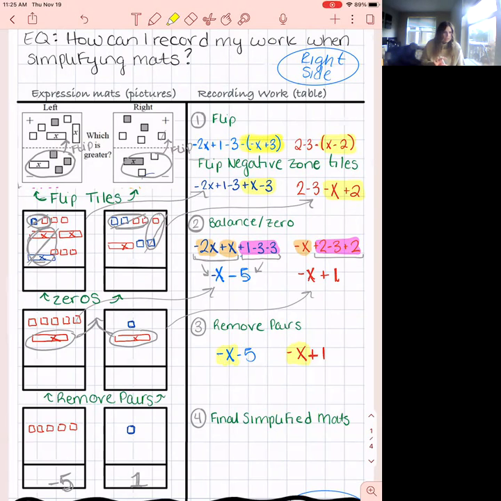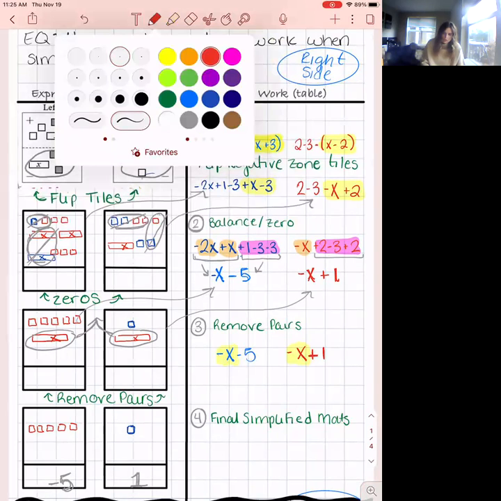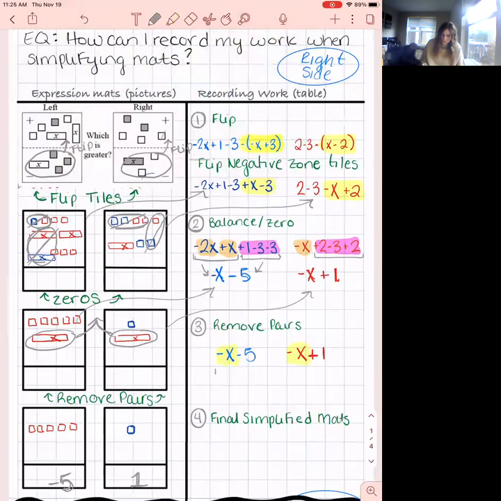Now, this is going to seem weird, but to get rid of this, the work I want you to show is making these zeros. So plus x, because that will create 0, and that will create 0. If that doesn't make sense, that's okay. Just think about these match, so they don't count and they're gone.